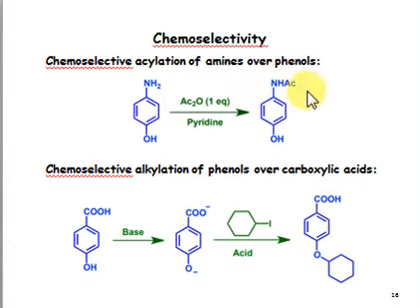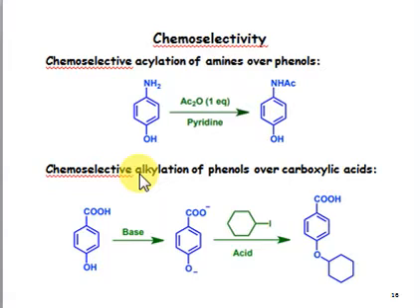We want an acyl group on the nitrogen. For this, you have to use acetic anhydride in the presence of pyridine, right? With this reagent, you can preferentially carry out the acylation of nitrogen, while the hydroxyl will not be affected to much extent.